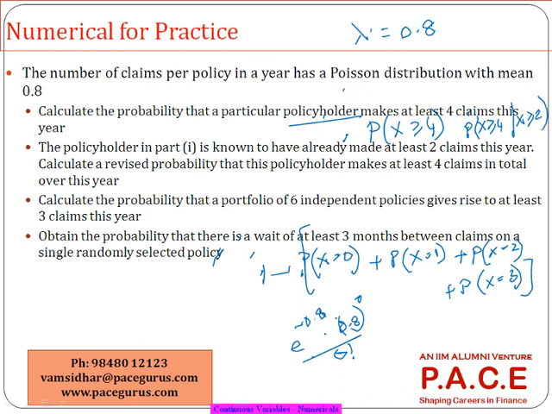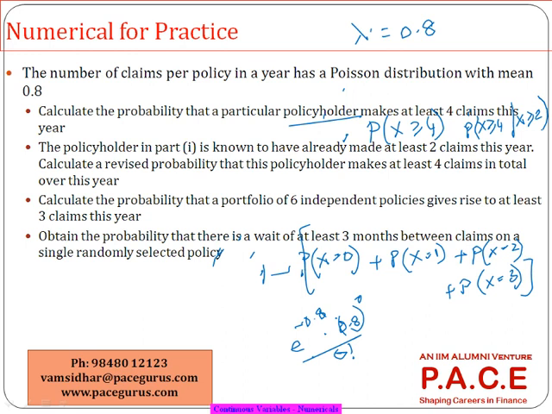He has already made at least 2 claims. So what is the chance that he has made at least 2 claims?